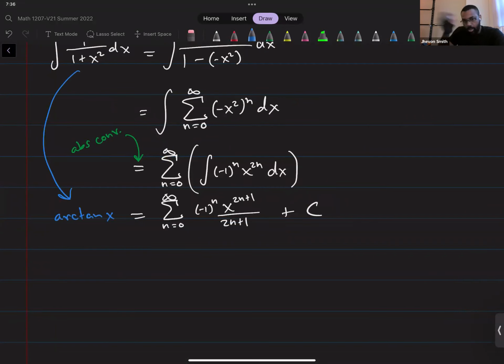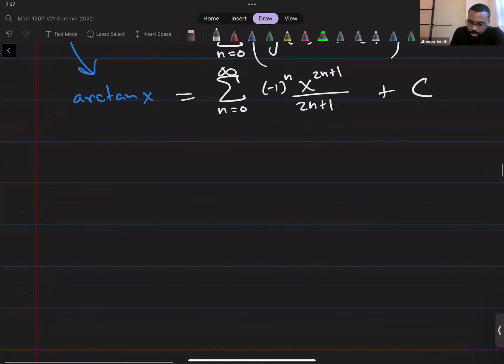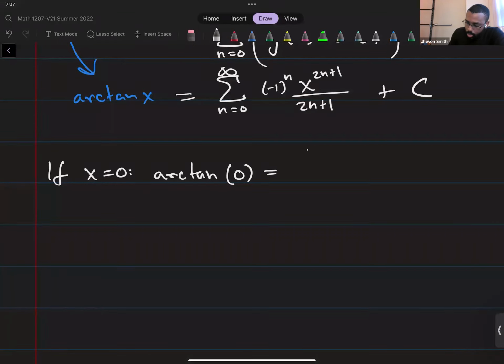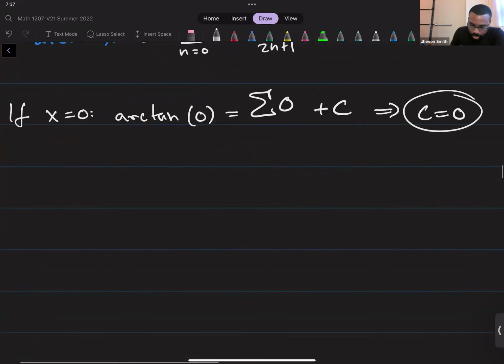I can move the constant to one side. And so I can just plug in a convenient value for x. If x equals 0, we would actually get arctan of 0 equals the series of 0 plus c. This means, of course, that c equals 0. So I can ignore it. And so essentially, our arctangent is this series.